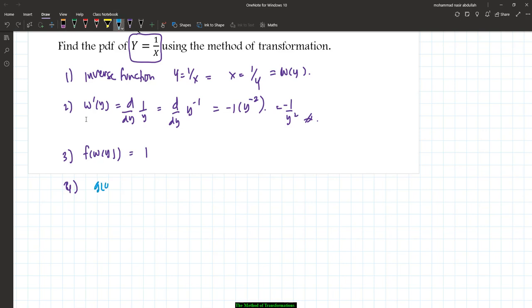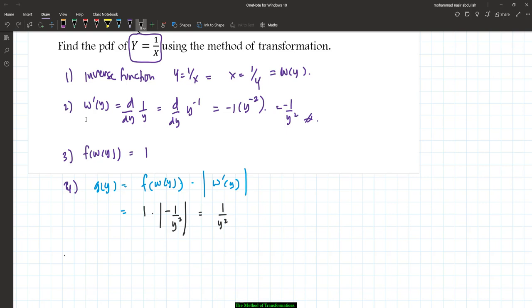Okay, g(y) should be equal to f(w(y)) multiplied with the absolute value of the first derivative of w(y). This color is not nice. So 1 multiplied with the absolute value of negative 1 over y squared. So this one should be 1 over y squared. So our new PDF is 1 over y squared.